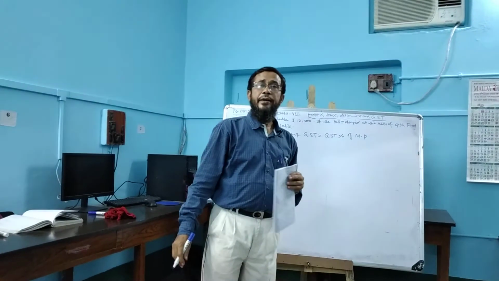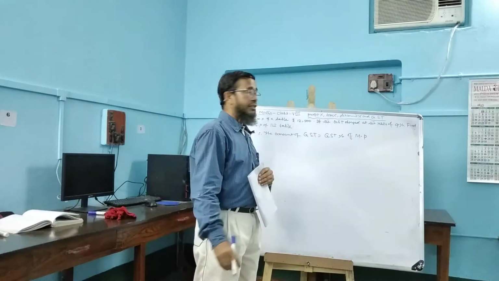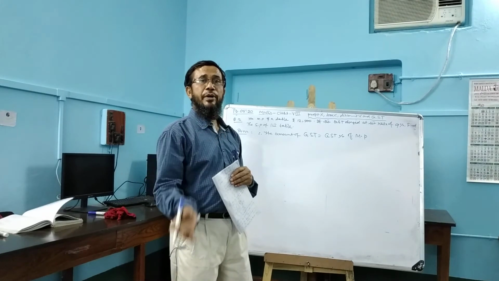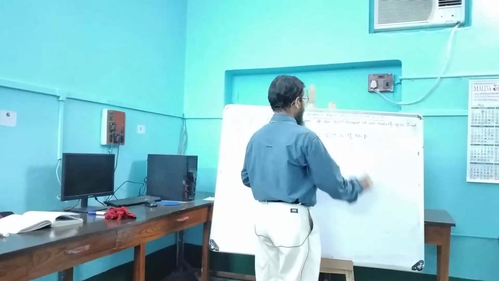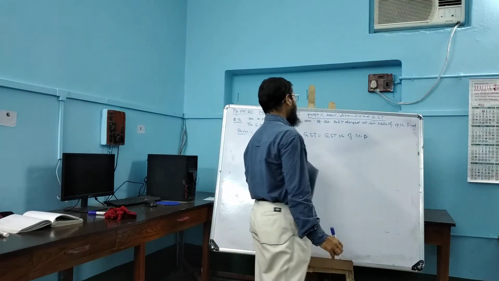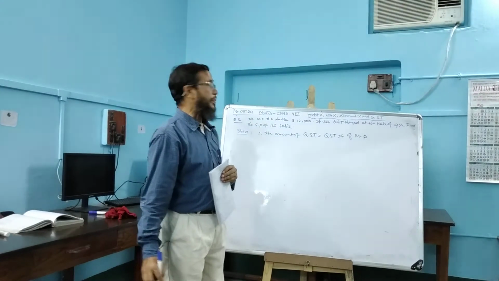Before it I told that GST is calculated like discount on GST percent. Discount is calculated on discount percent. Similarly, GST is calculated on MP. Both GST and discount calculated on MP.